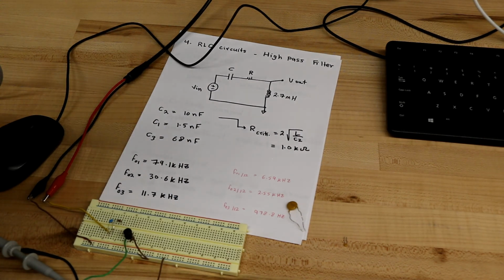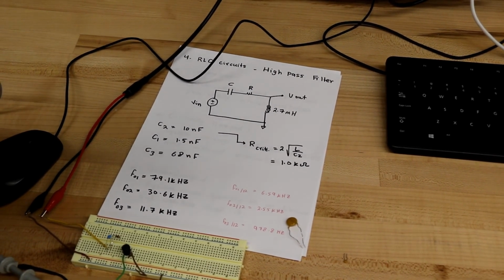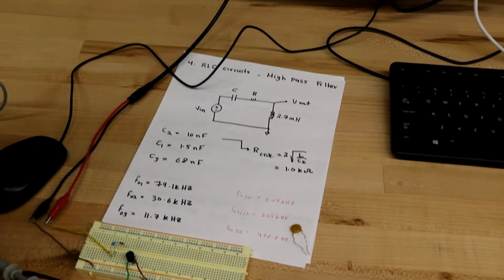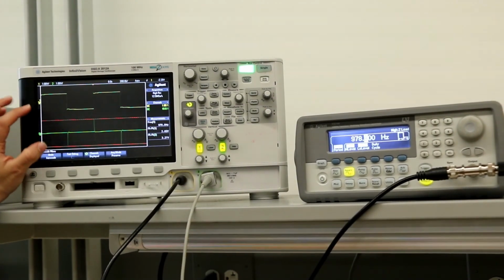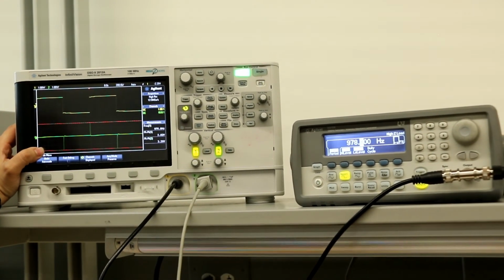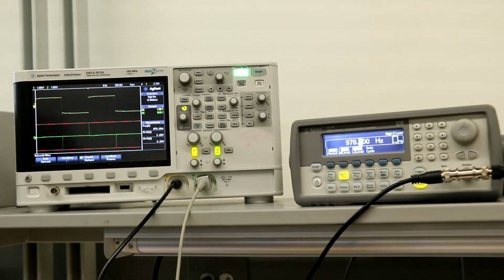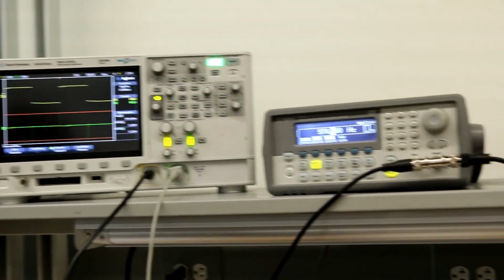So let's set up the function generator for the frequency, and autoscale. And this is the transient response for the overdamped, and this matches the red waveform here.